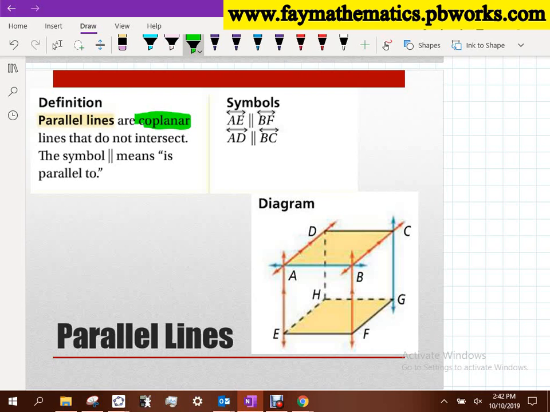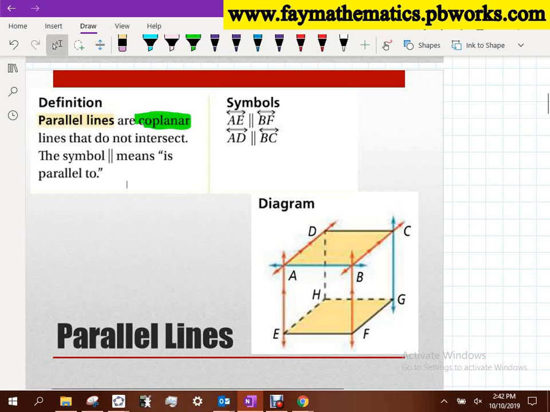And that means if our whiteboard is a plane, if I want lines to be parallel, they both need to be in that whiteboard. And I'll show you the difference here in a moment.